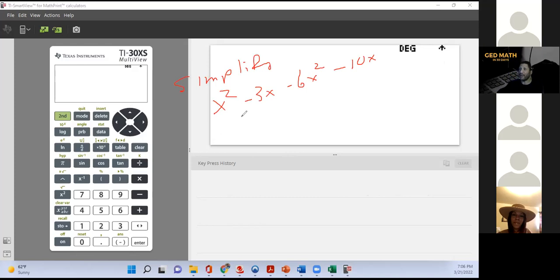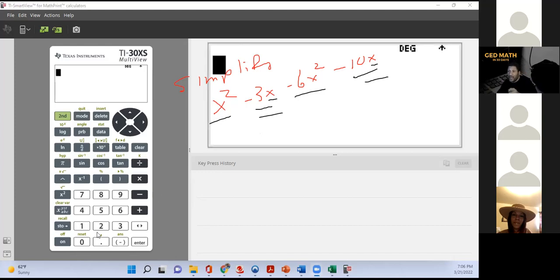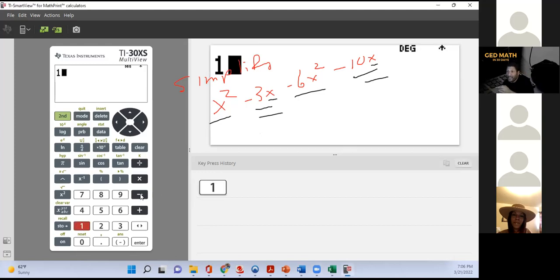You have to know that x squared and minus 6x squared are like terms, because of the x squared. That's what makes them like terms. You have to understand the minus 3x and the minus 10x are like terms because of the x. So when I look at the x squared terms, what I'm going to put in my calculator to combine them is 1 minus 6.